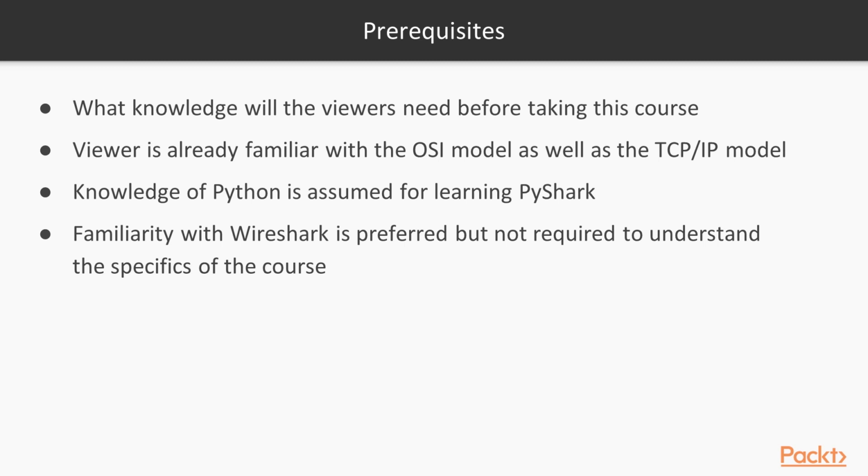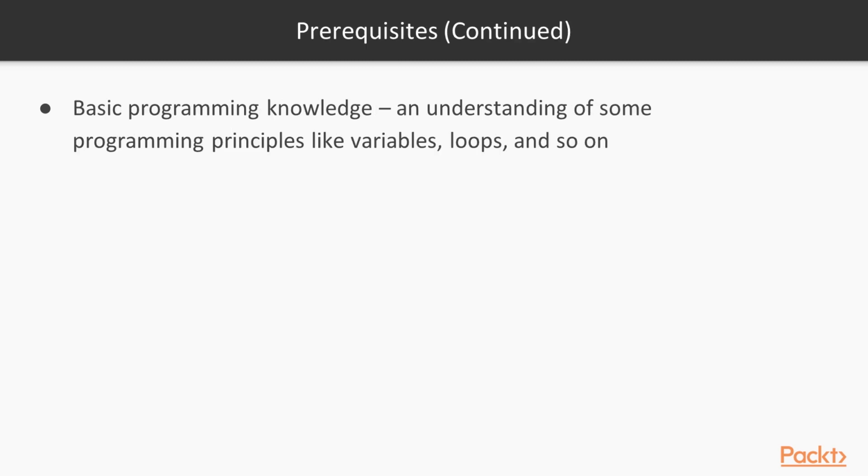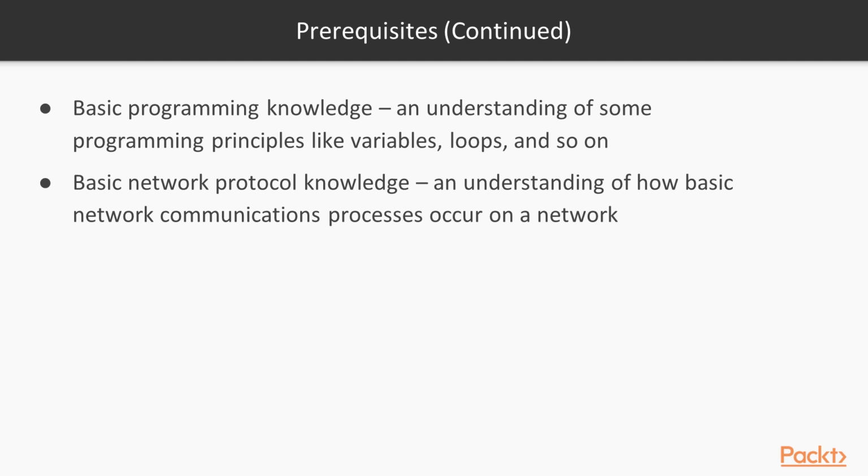It's preferred to have a familiarity with it. It's not required to understand the specifics of this course, but it would help out. Basic programming knowledge, just an understanding of some basic principles like variables, loops, those types of things. And also having a familiarity with network protocols is also going to be helpful. So you have an understanding of how a basic network is configured and set up.